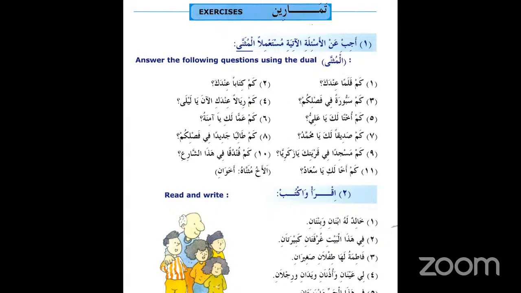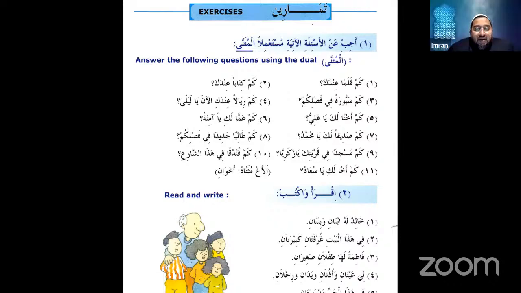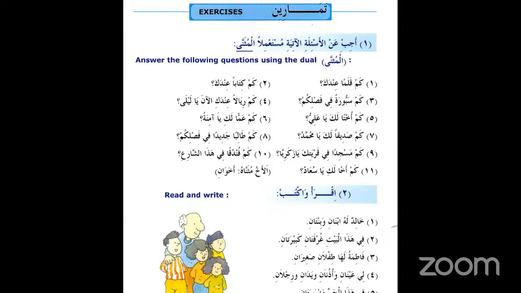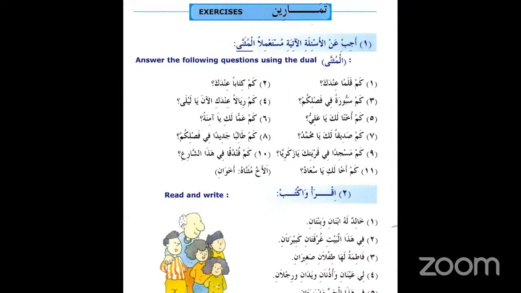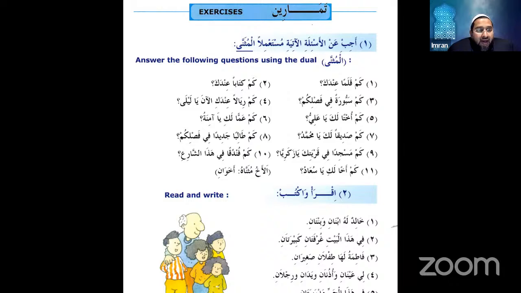How many brothers do you have, O Ali? How do you say for me? Is it brother or sister? It's sisters. Okay, so it is kam ukhtan. How many sisters do you have, O Ali? Li ukhtani. Ahsanti. Thank you.